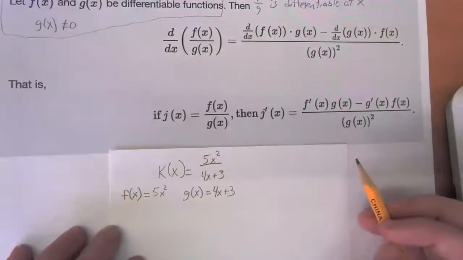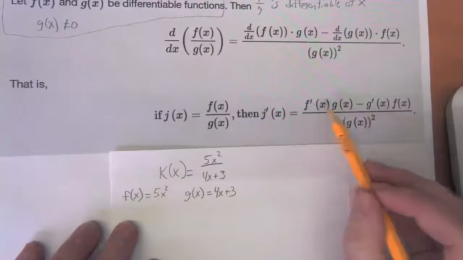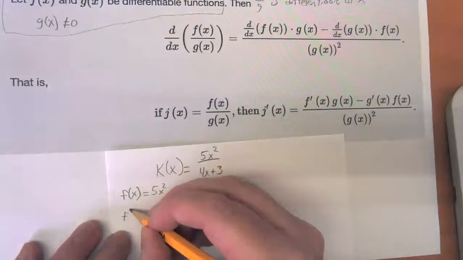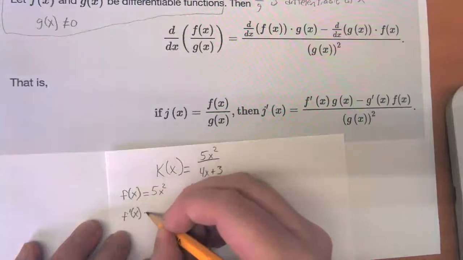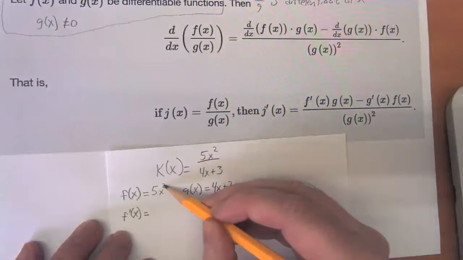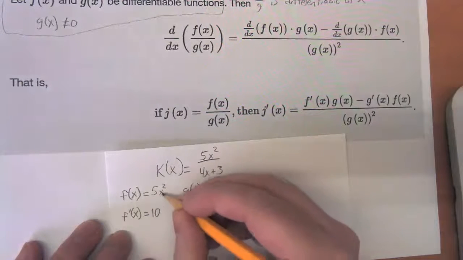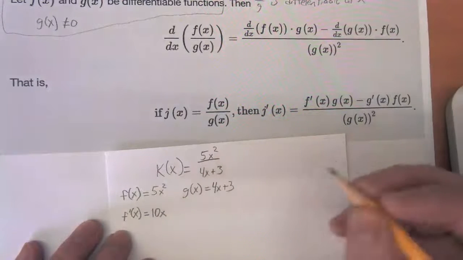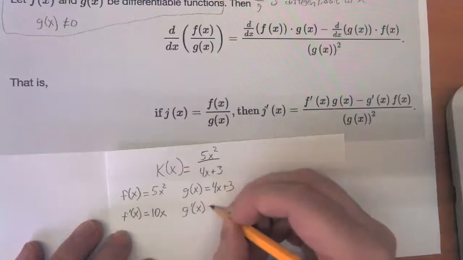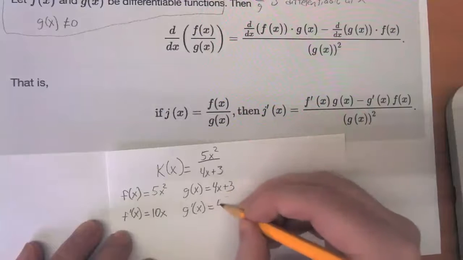And what makes the quotient rule work is that we can find the derivative of the numerator and denominator functions. So f prime of x is equal to what? Derivative of 5x squared, you multiply the coefficient times the exponent. So that's 10, and we reduce the exponent by 1. So that becomes 10x. The derivative of g, the derivative of 4x plus 3, the derivative of 4x is 4.